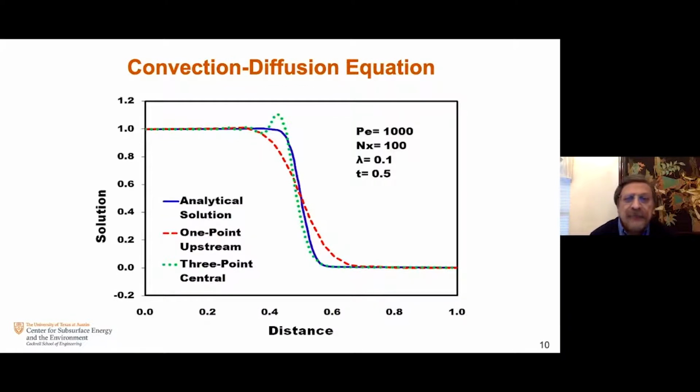Now, if you revert to using central differencing for the convective term, as shown here, what I have is oscillatory behavior. It's an overshoot.